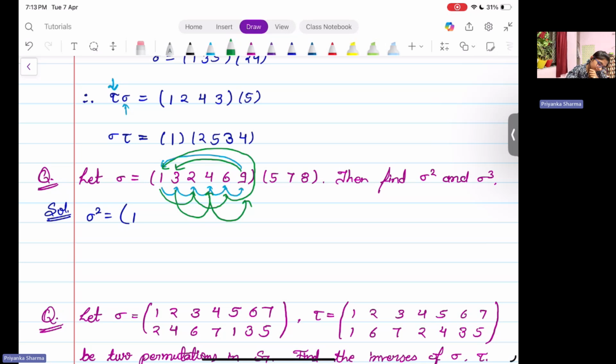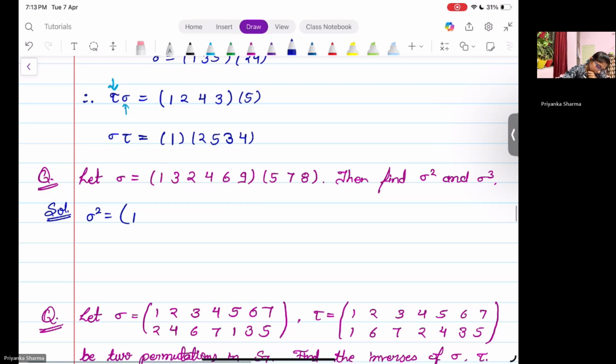The elements will be, let me erase this, 1, 2, 6, and 3, 4, 9.